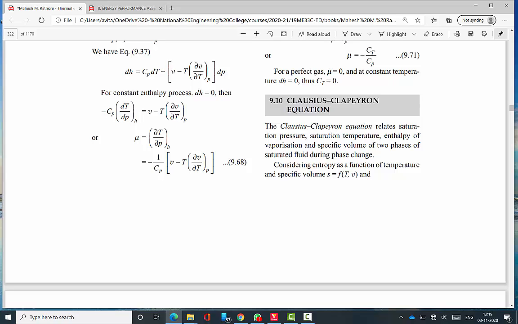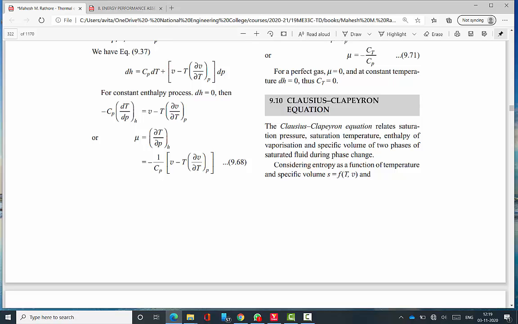Okay, saturation means, for a particular instant, the conversion period from ice to water and water to steam, that is, one phase to another phase, which is called the phase change process. Phase change means the change of phase. For example, solid ice to water, or water to steam, is a heating process.